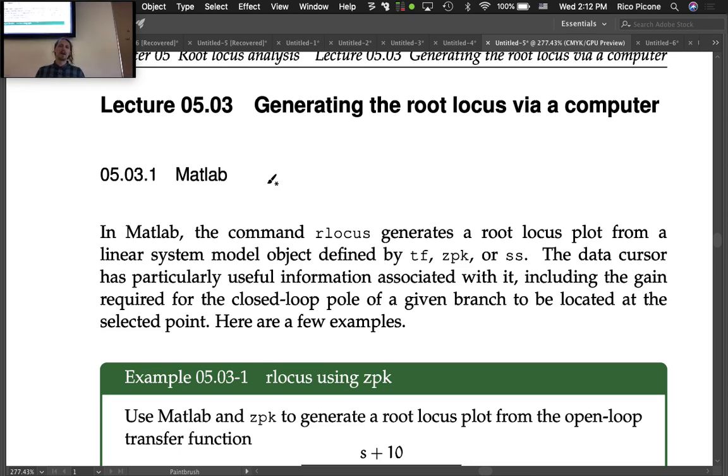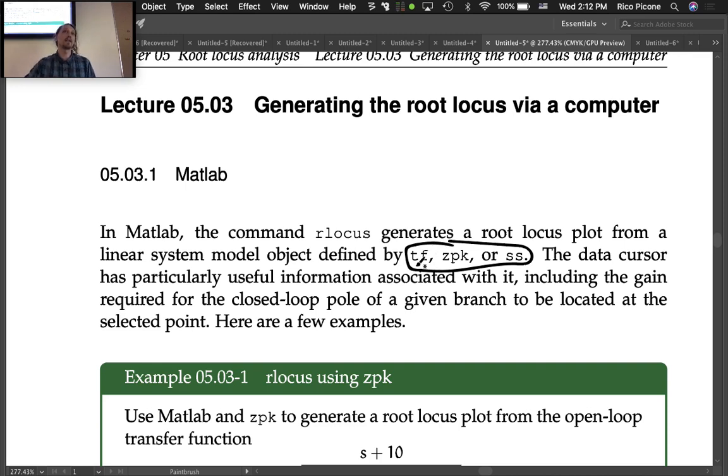So in Matlab, the command rlocus generates a root locus plot from a linear system model object defined by one of the three commands that we've learned to define these linear system model objects: TF, ZPK, or SS. So if you have a transfer function in polynomial form, in descending order of powers of s, then TF is your way to go.